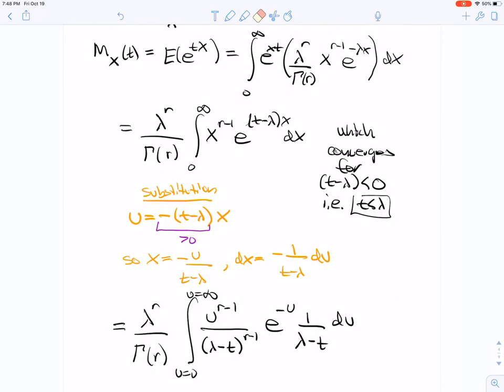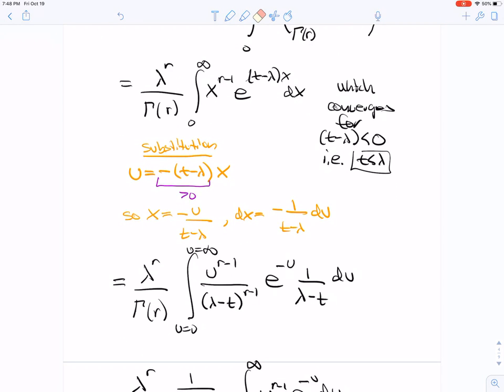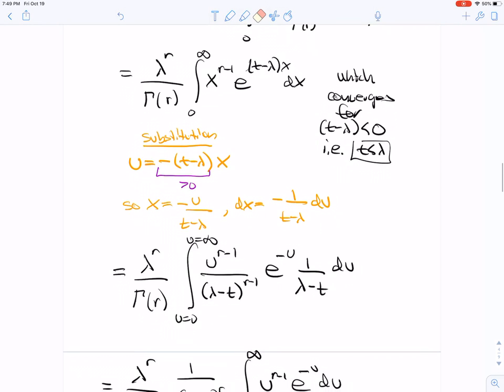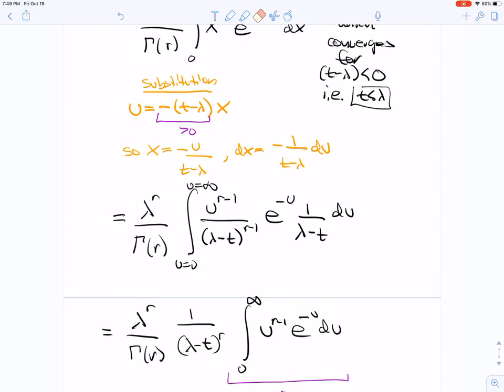To solve this integral, we do a u substitution with u equal to minus (t minus lambda) times x, where minus (t minus lambda) is a positive number, so we're still integrating from 0 to infinity. I just make my substitutions here, pretty straightforward.